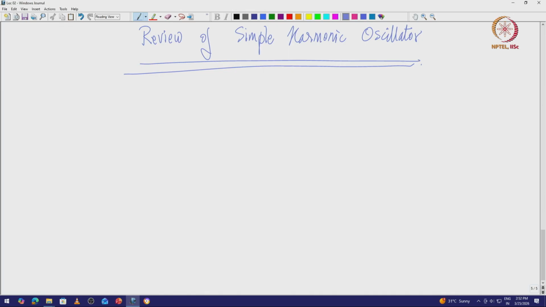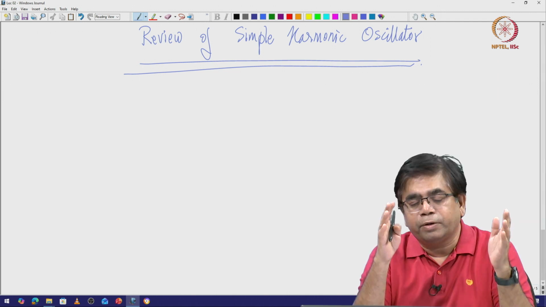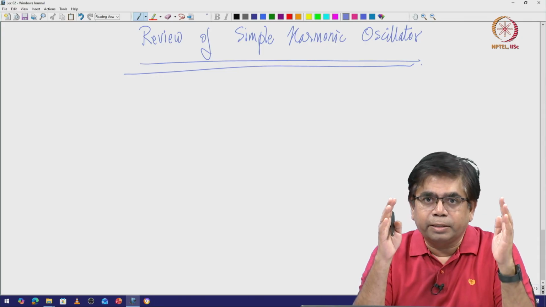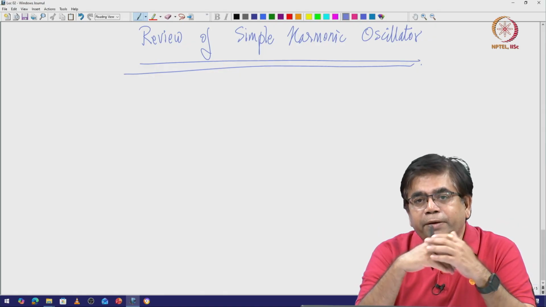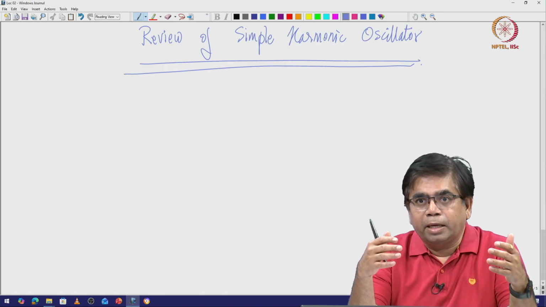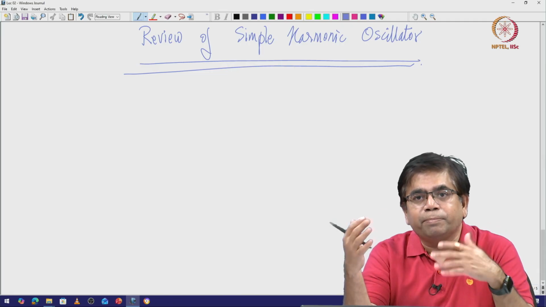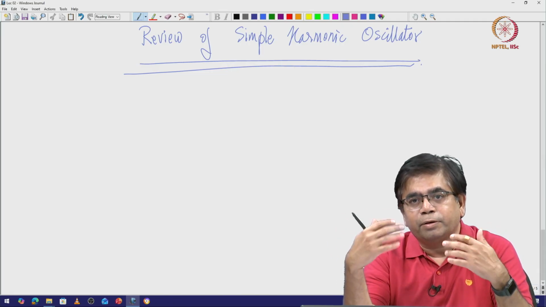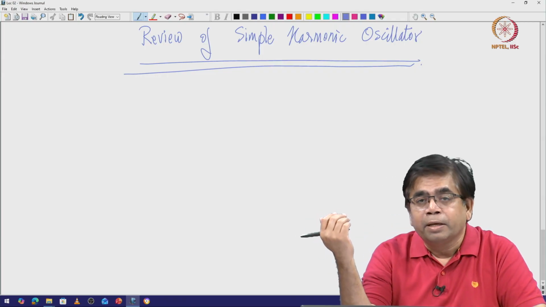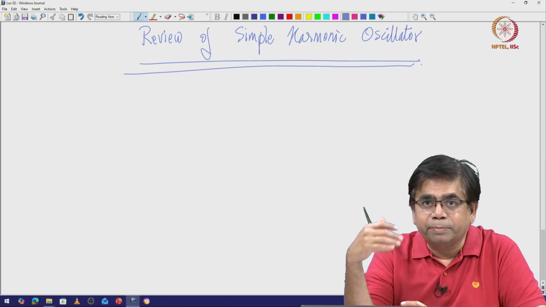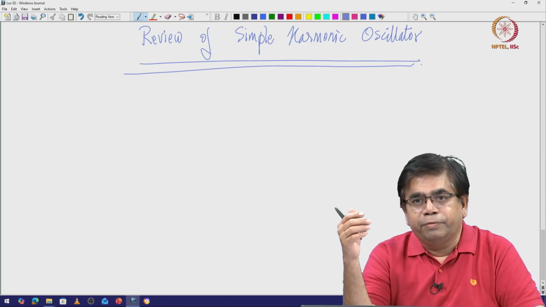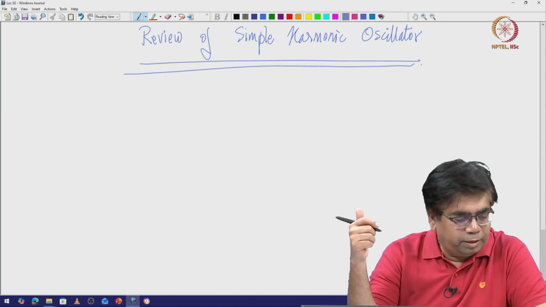The reason I am doing this is that when we do canonical quantization of the Lagrangian of a relativistic scalar field, it will turn out to look very similar to the simple harmonic oscillator Hamiltonian rather than the Lagrangian, and that is precisely the reason I wanted to review the simple harmonic oscillator in quantum mechanics, which is a very essential part which we need to do.